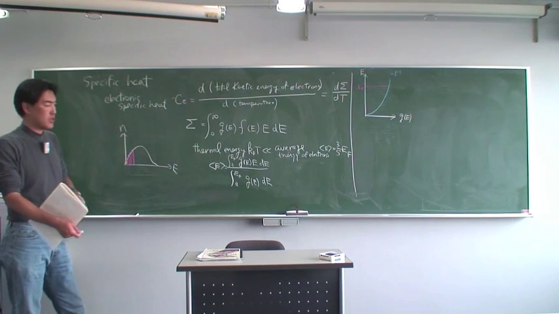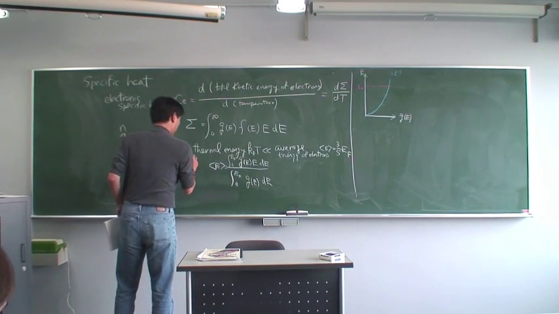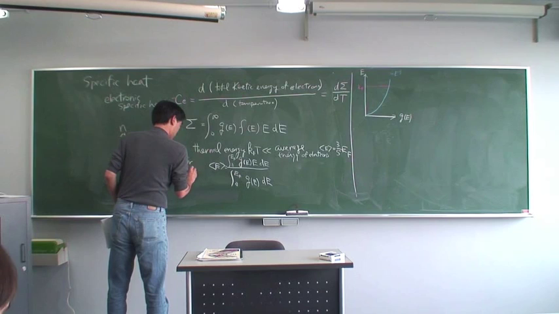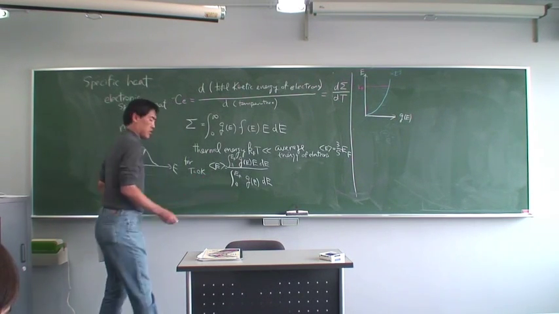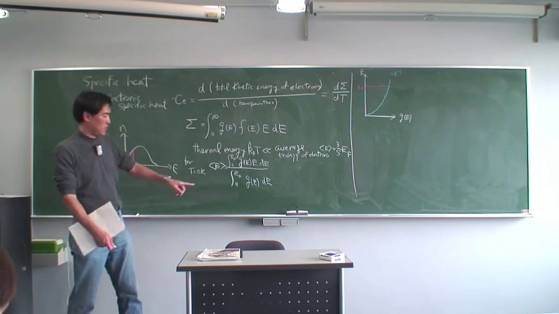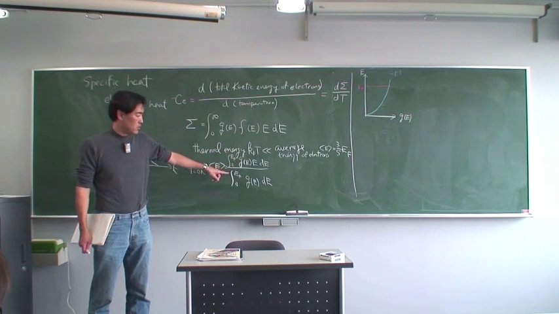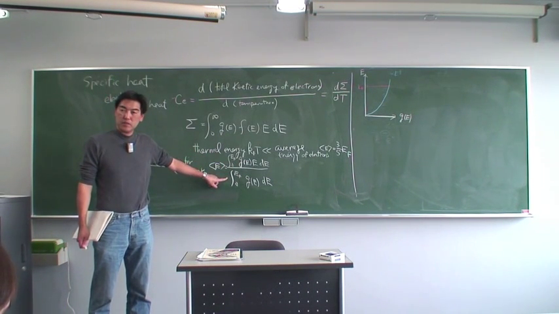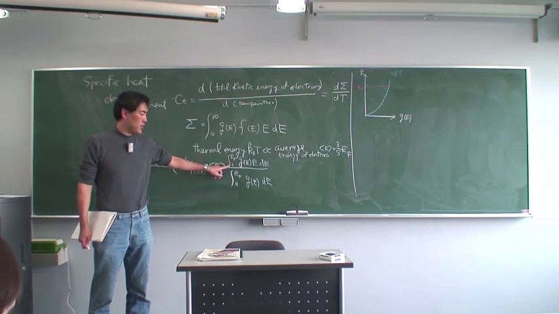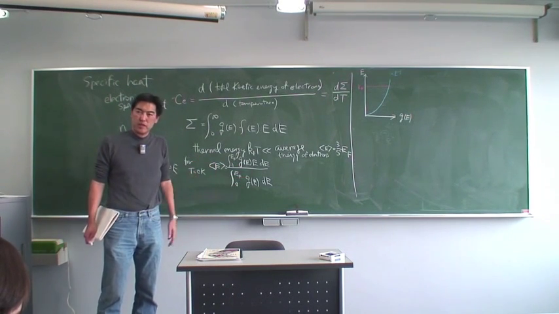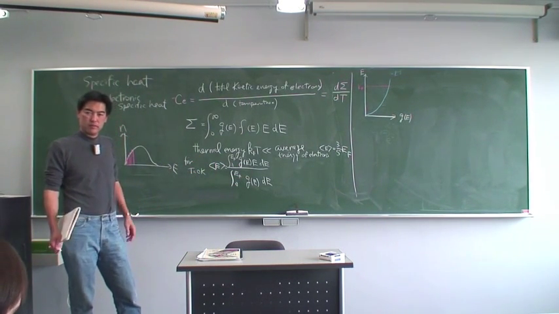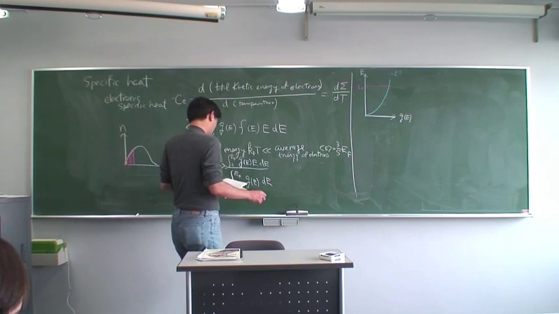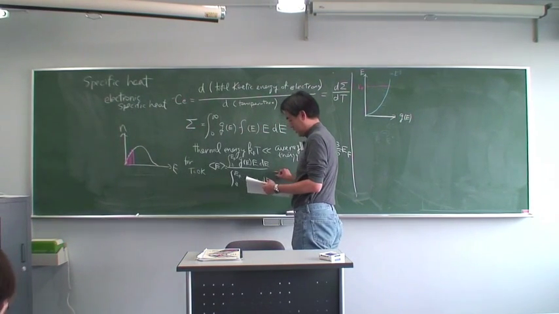We are assuming 0 Kelvin, T equals 0 K. That means we don't have the Fermi-Dirac function anymore. So the denominator is simply the total concentration of electrons, and the numerator is the total energy. Okay?